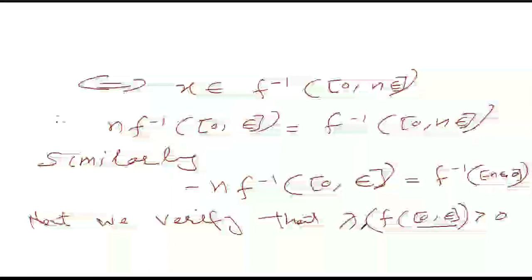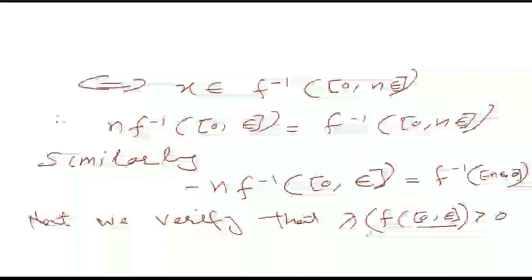So the Lebesgue measure of the image of an interval is always positive. That's what I mean to say. In general, it's not true; that we'll discuss in the future. So we show that this Lebesgue measure is actually positive.